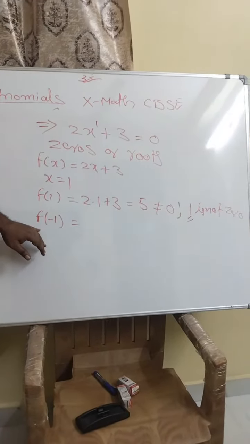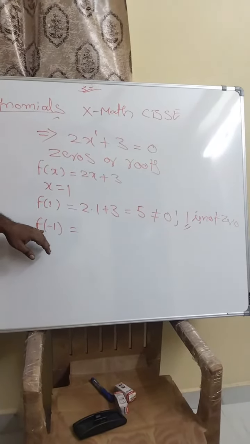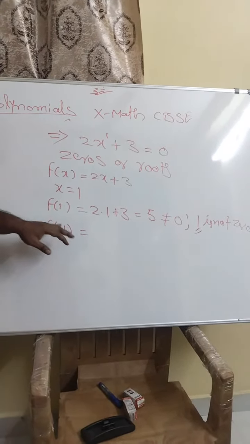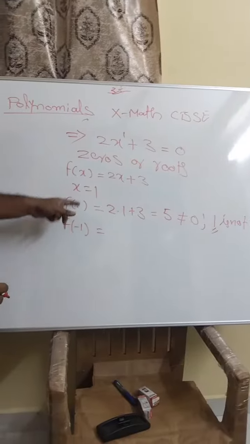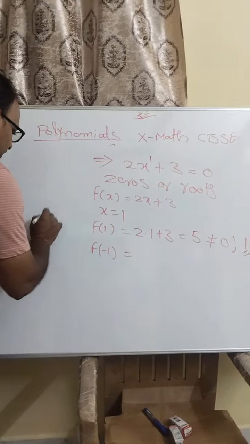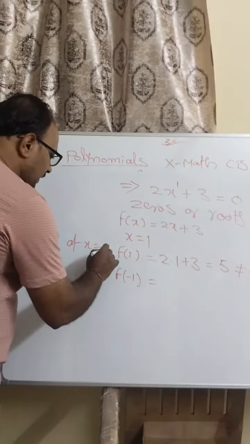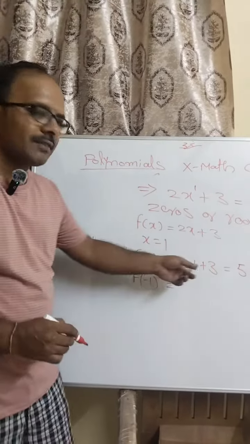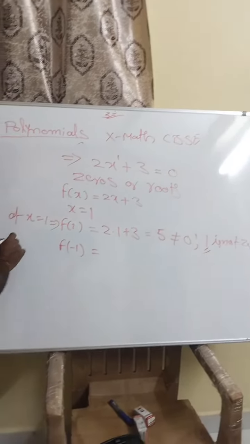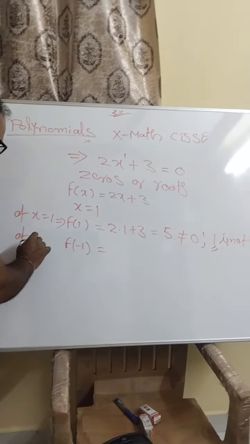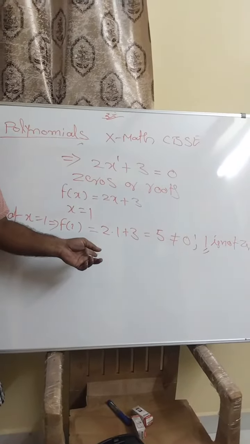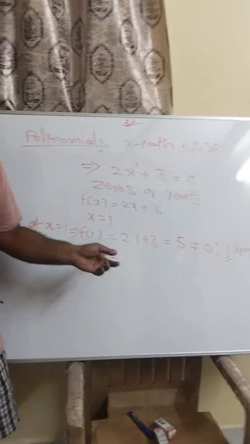What is the value of this expression at x equals minus 1? At x equals 1 we evaluated the expression 2x plus 3. Now at x equals minus 1 we are evaluating the value of this polynomial.